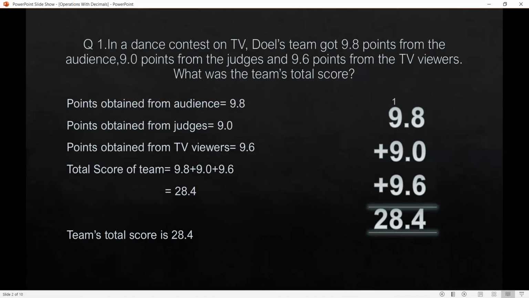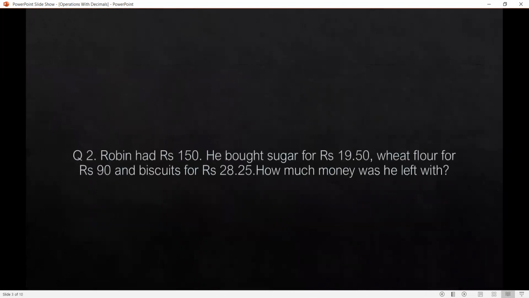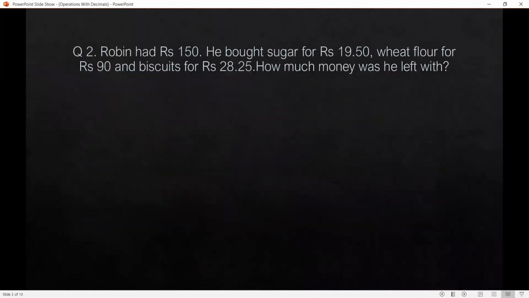So this is the way. If we find the scores from different sources like viewers or audience, we add all of them to find the total. These 28.4 are the total scores acquired by the team.